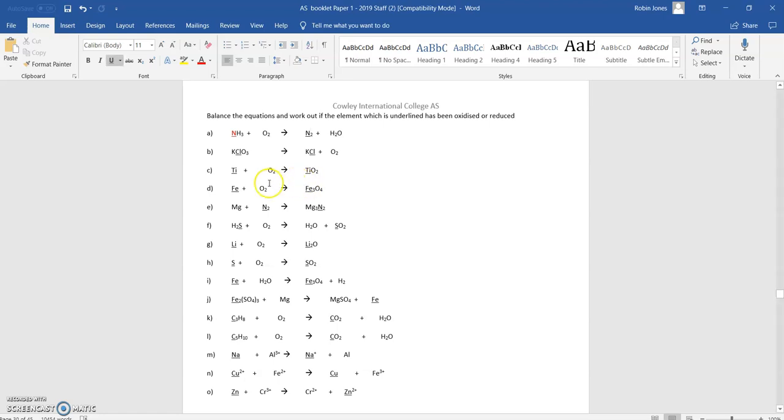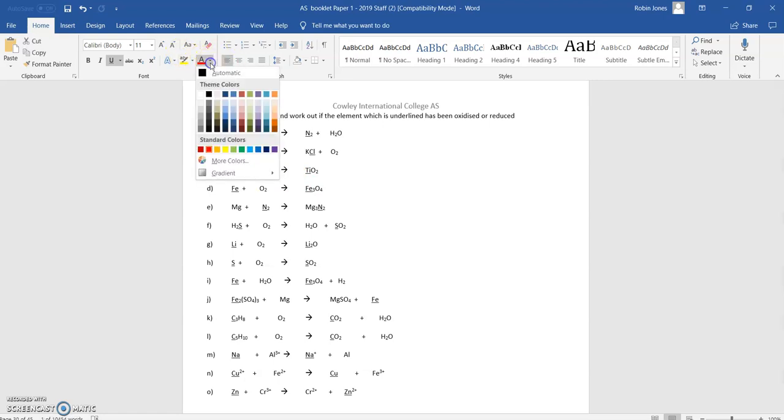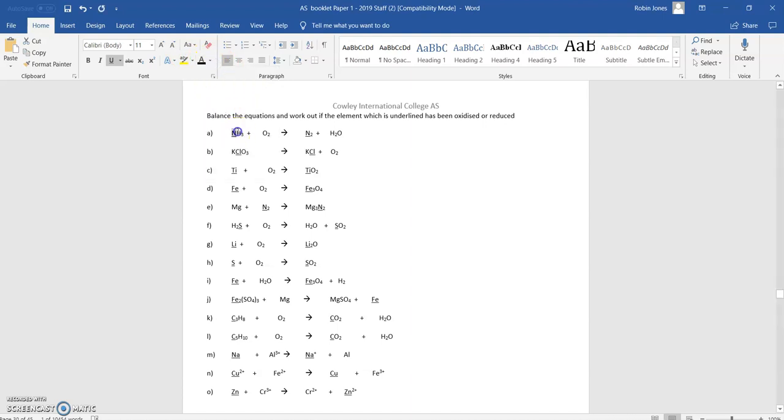Finally, you've got to balance them. And this is just because equations need balancing. It doesn't affect oxidation reduction. So this NH3 is going to need a 2 in front of it because I've got one N on the left and 2 N's on the right.